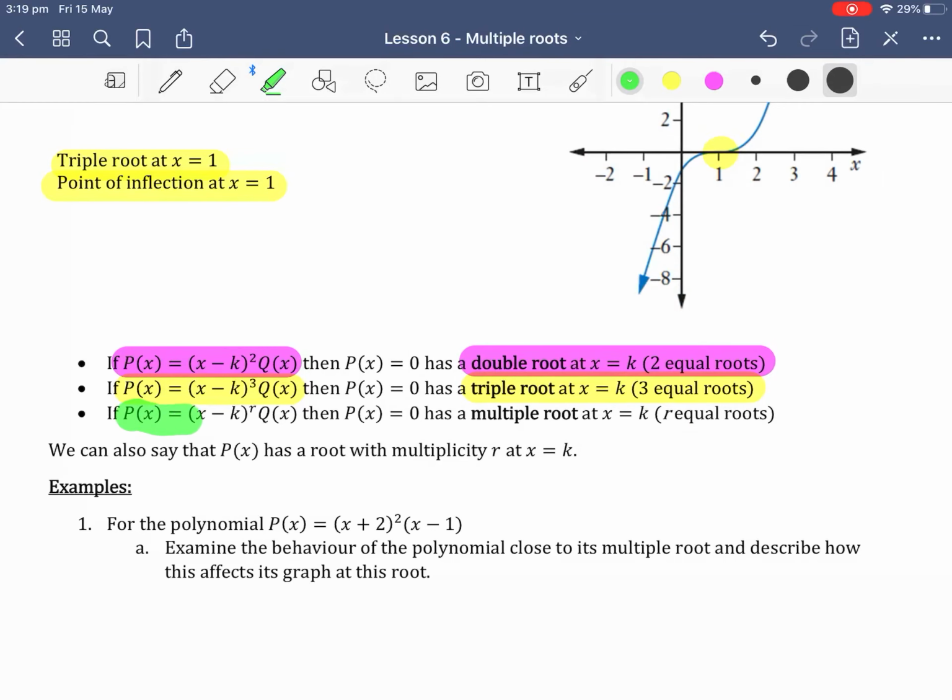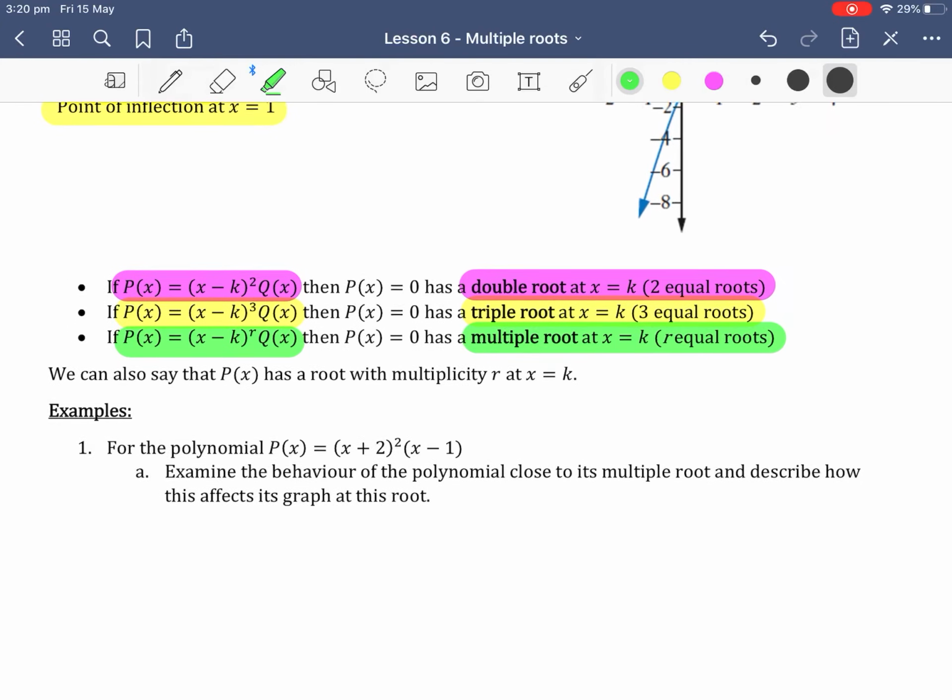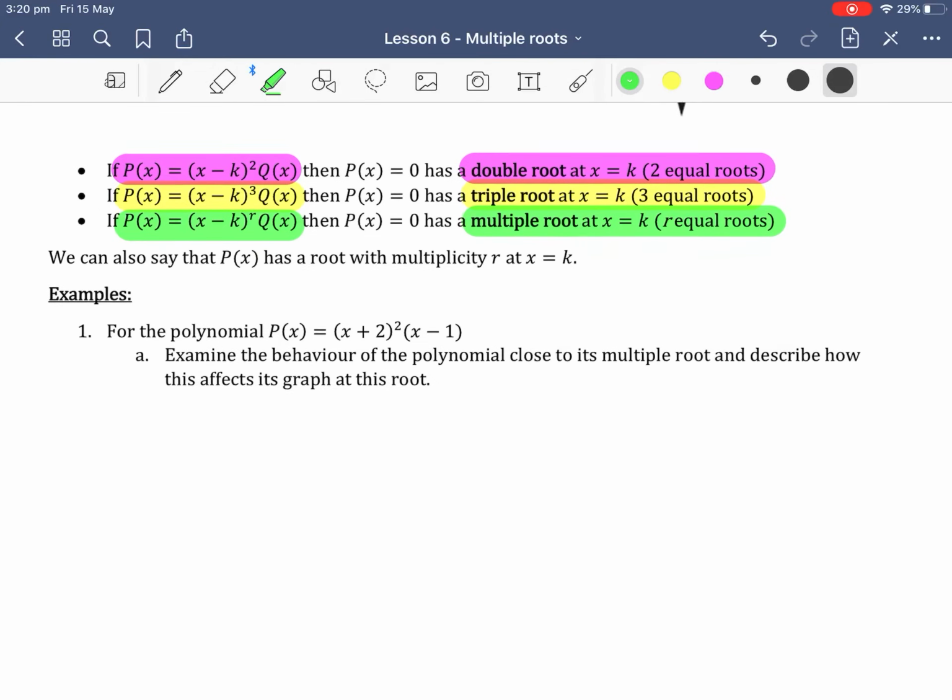And if P(x) equals (x - k) to the power of r times Q(x), then P(x) = 0 has a multiple root at x equals k, and so it has r equal roots. We can also say that P(x) has a root of multiplicity r at x equals k.